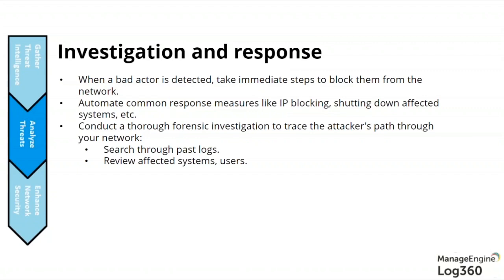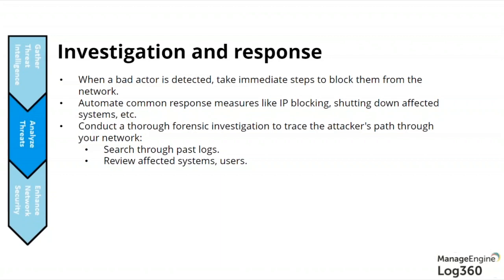And then you have the actual investigation and response steps. So, when a bad actor is detected on your network, you need to take immediate steps to, obviously, block them from your network. You need to look at the various affected systems.